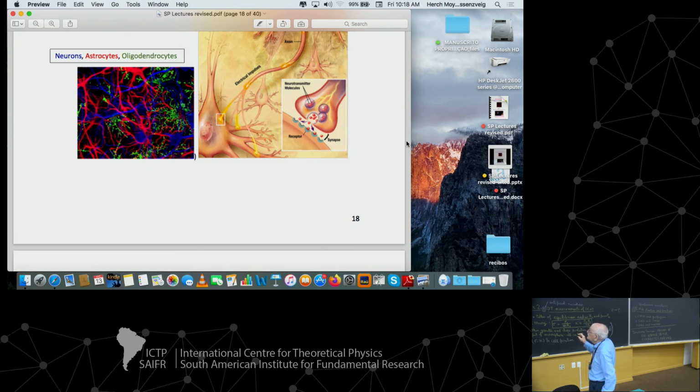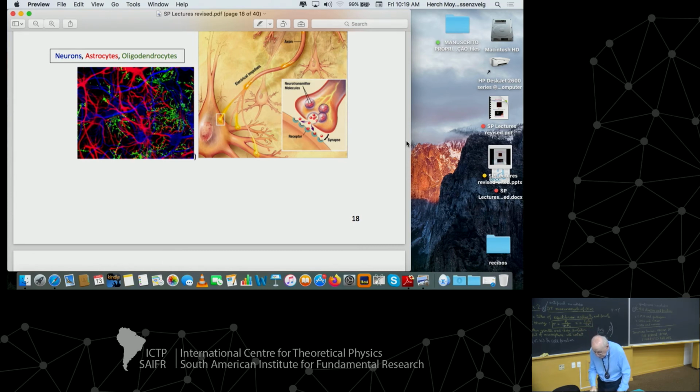So you have usual neurons, astrocytes, and oligodendrocytes, which are colored by different colors here. The blues are the neurons. Here you see a cell body. The astrocytes are in red, and the oligodendrocytes in green.